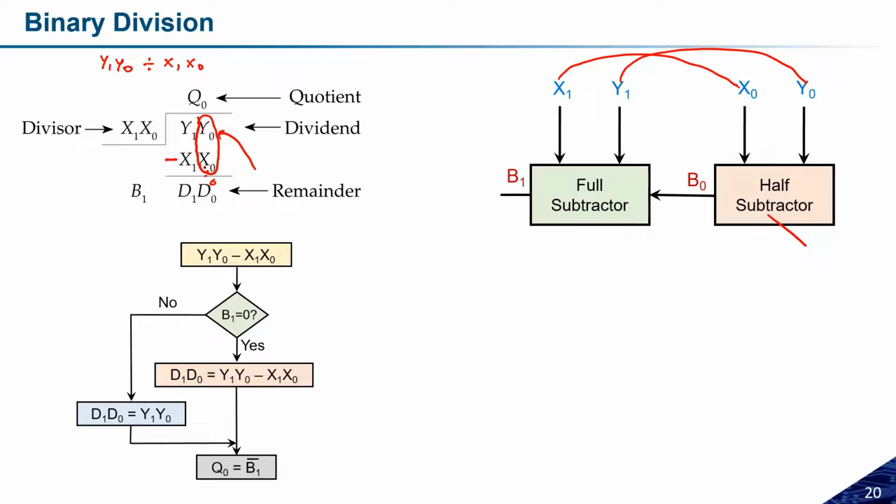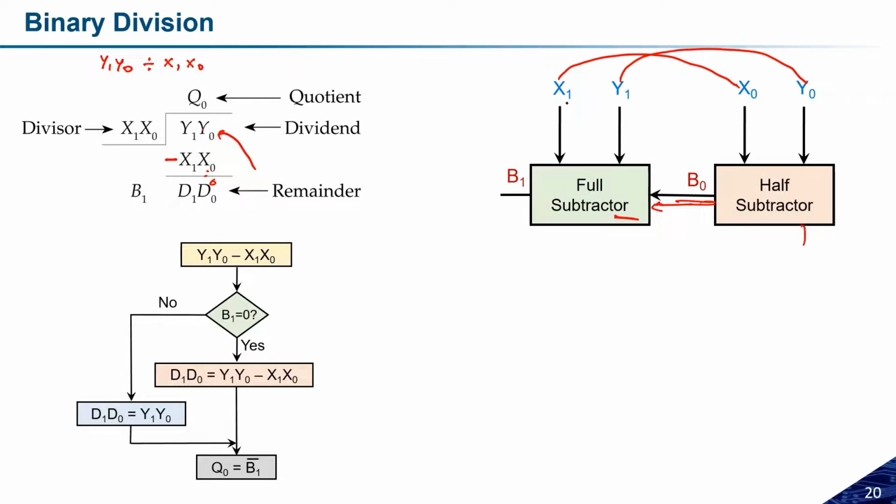Once we have subtracted x0 from y0, there is a possibility that a borrow is generated over here. So there are two outputs: the difference is one output, and the second output is the borrow, which is given over here. That borrow must be connected to the next stage, and that is why we need one full subtractor for this purpose.